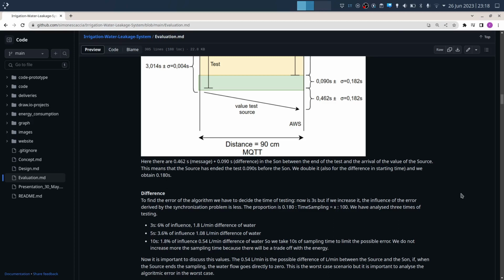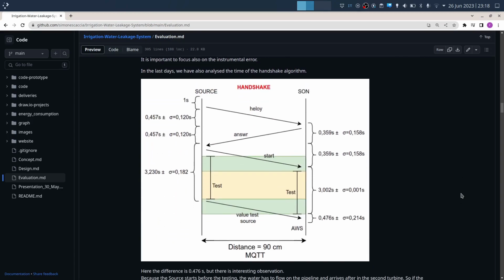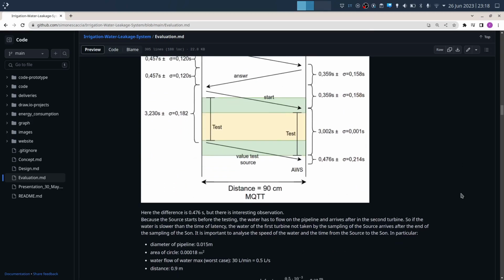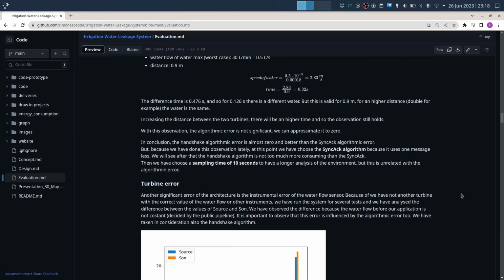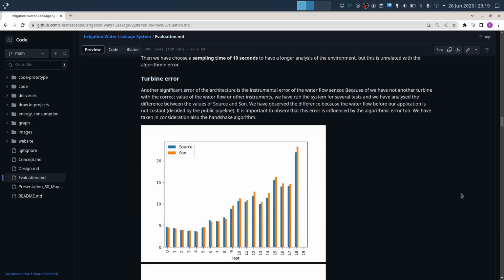After this analysis about the algorithm error, in particular about the time error, we have analyzed the error of the turbine, so the instrumental error. Because we do not have the error of a single turbine, we have observed the error of the two turbines together.